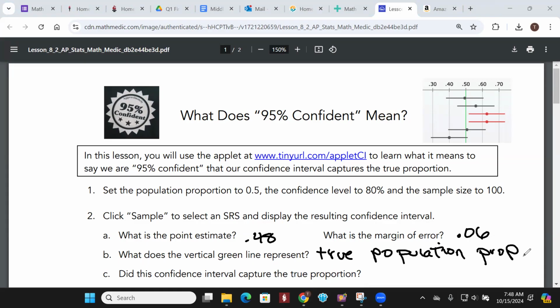So did your little confidence interval capture 0.5 in the middle of it? If you added and subtracted the margin of error, does 0.5 lie in the middle? Yes. Okay, so it should have.